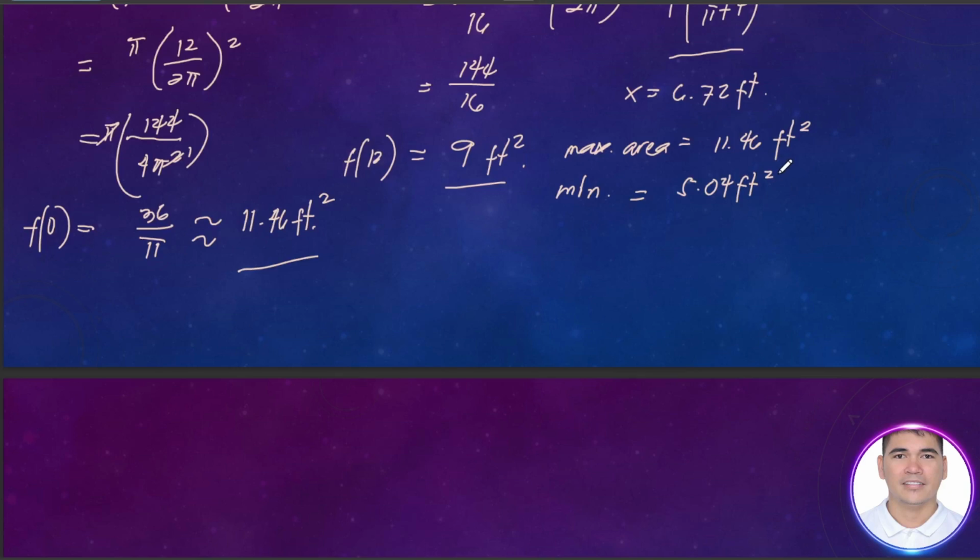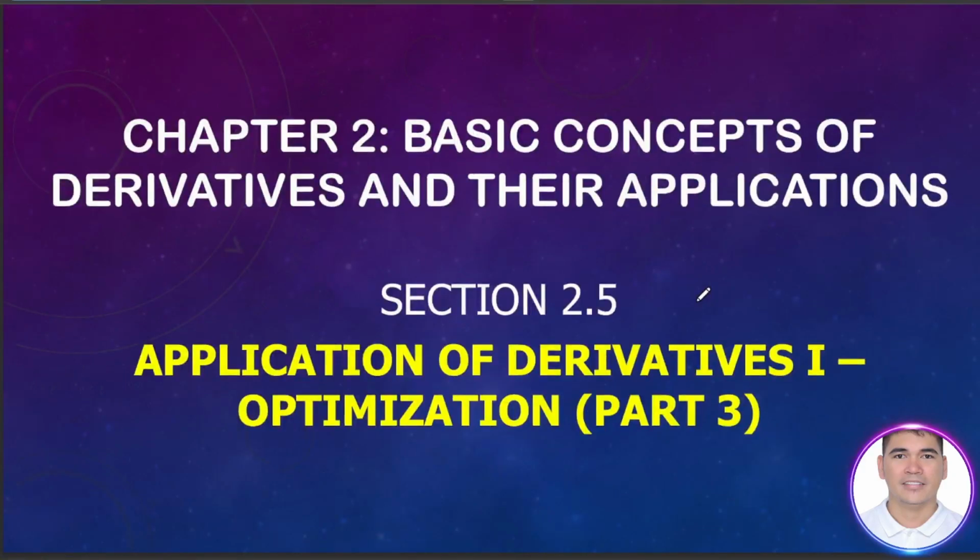So approximately, the 6.72 feet can be formed into a square and the 5.28 feet can be formed into a circle. So that's it for our application of derivatives. First derivative, optimization, part 3. The problem solving.